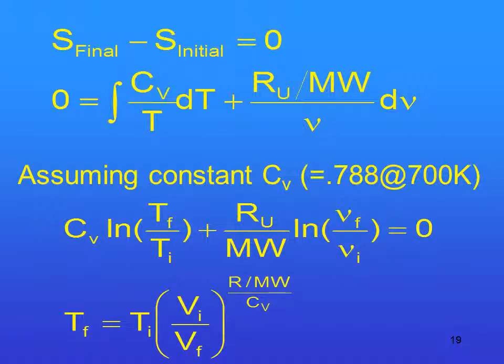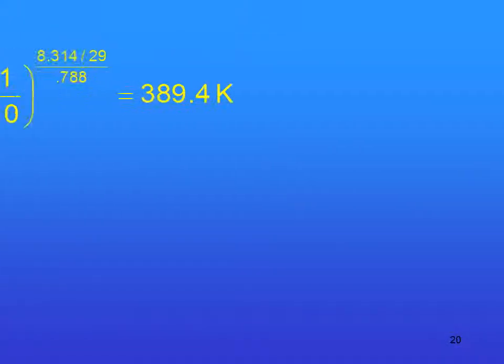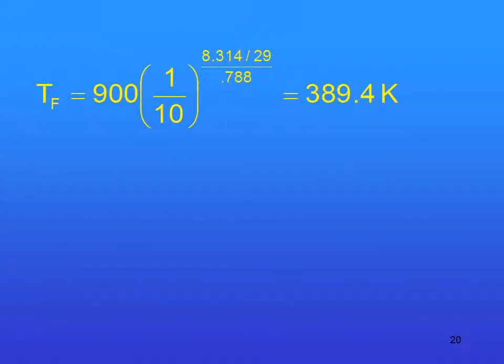Plugging all that in, we get T final equals T initial times V initial over V final to the R over molecular weight, divided by CV. This results in a final temperature of 389.4 Kelvin. So it dropped all the way down from 900 to 389.